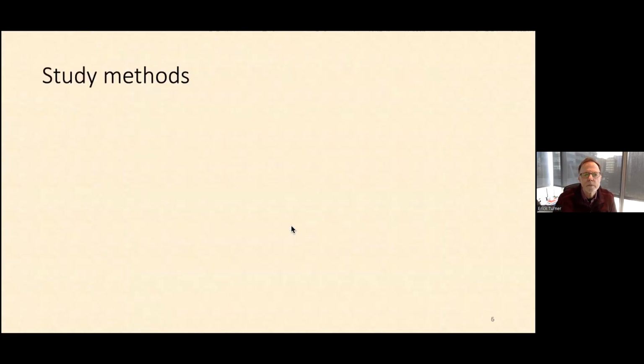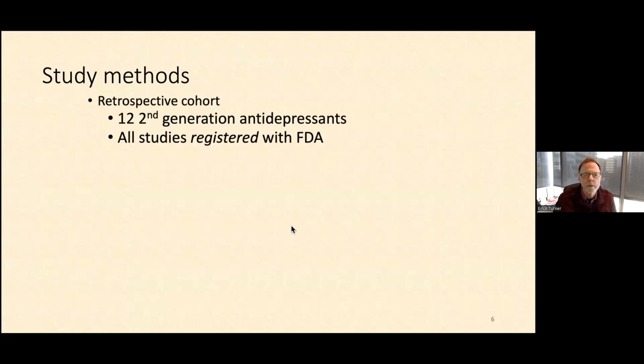Basically, what we did was identify a retrospective cohort of 12 antidepressants and all the clinical trials that had been registered with the FDA. And I want to emphasize the word registered because that's a key strength, I believe, of using FDA data: the FDA finds out about studies before they are conducted.